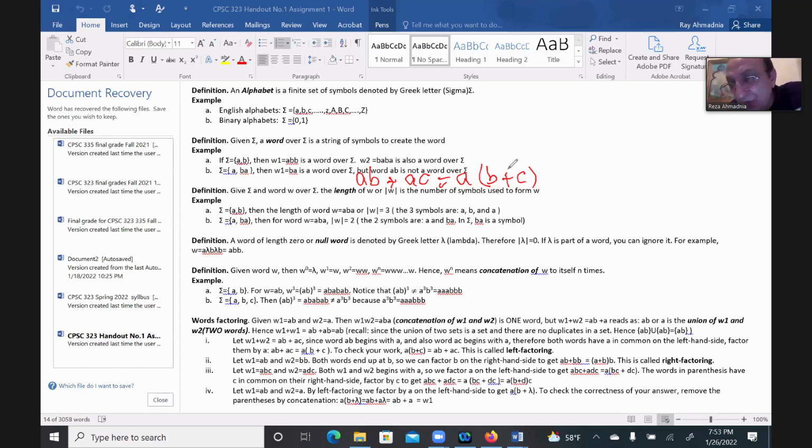In here, you do the concatenation. A concatenated with B is A followed by B, and A concatenated with C is AC. I get exactly the same as this one here.